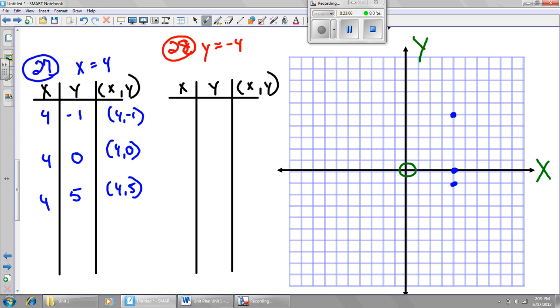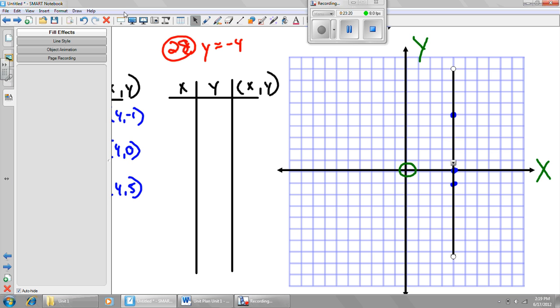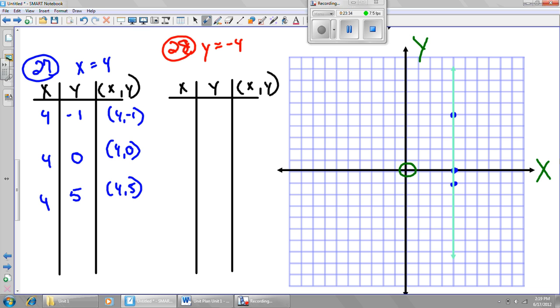And I'm ready to draw my line if I could only find it. There we go. Like that. Okay, so make that line blue. Ooh, that's a pretty blue. All right, very good.